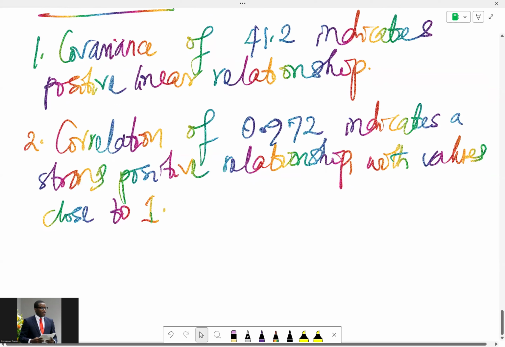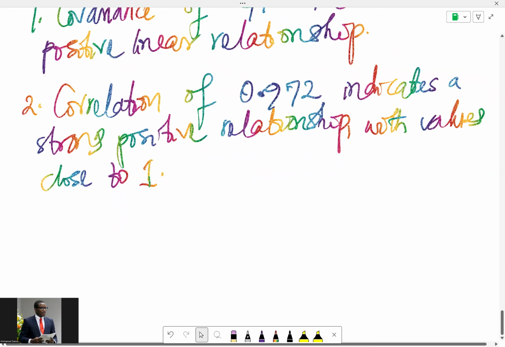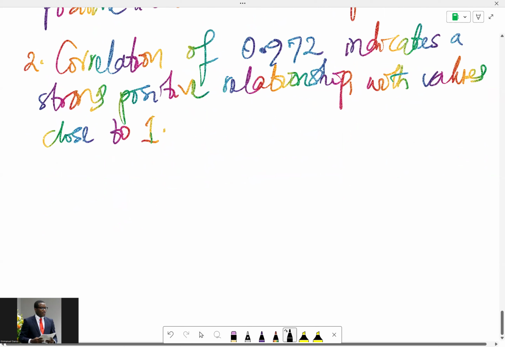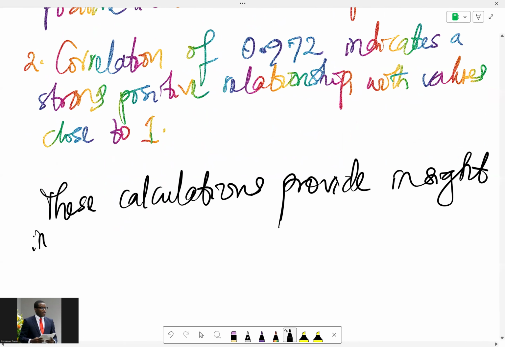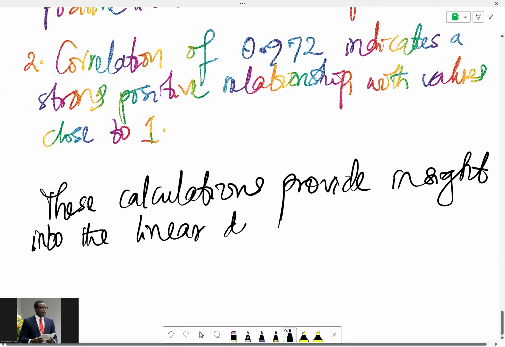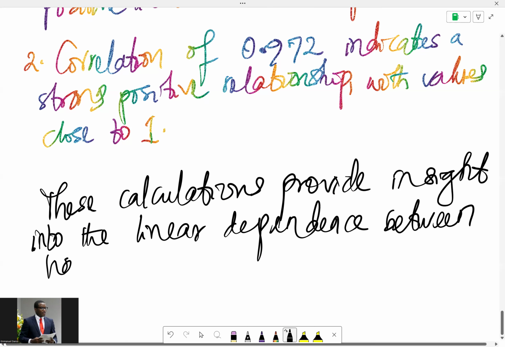Okay. All right. So we see that these calculations provide insight into the linear dependence between hours studied and exam scores.